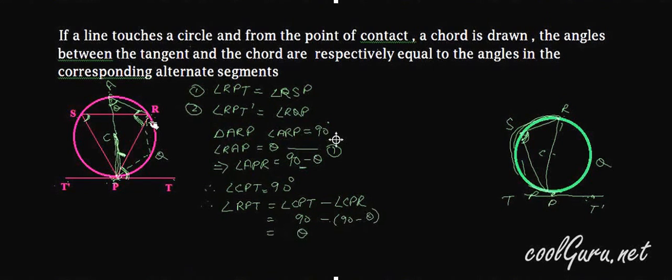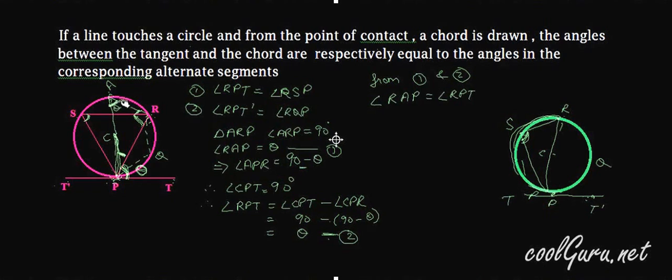So what we have proved that RPT, this angle is equal to theta. So from 1 and 2, we observe that RAP is theta, this is theta, and RPT, this angle is also theta. Okay, angle RAP is equal to angle RPT.